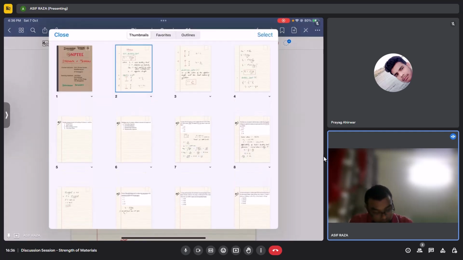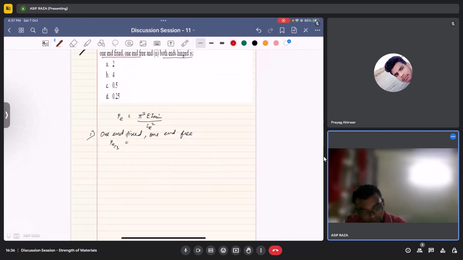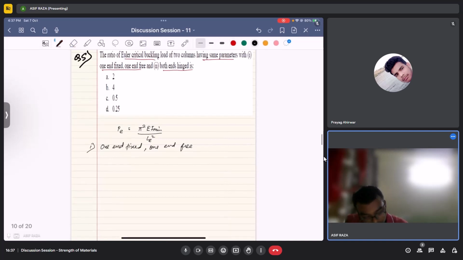So we need to use that. For this case, LE is equal to 2L. Thus we can write Euler buckling load for this case as pi square E I minimum upon 2L square, that is 1 upon 4 times of pi square E I minimum upon L square.